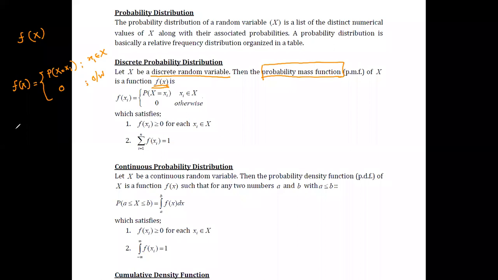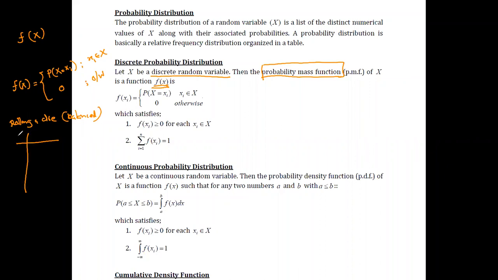I am taking this as an example. Consider the example of rolling a die. Let's take it as a balanced die. Then we all know that getting a number on the surface will have equal probabilities. Let x be the number that appears on the surface.